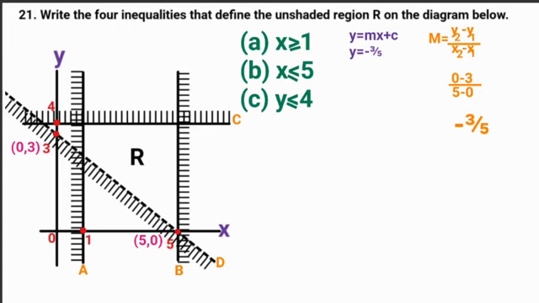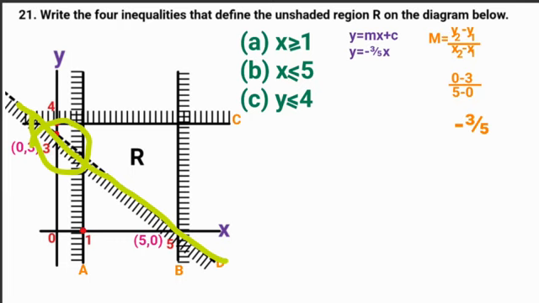Then we write negative 3 over 5x, then plus the constant or the y-intercept. So where are we going to get the y-intercept? It will be gotten from the area where this line is crossing the y-axis.